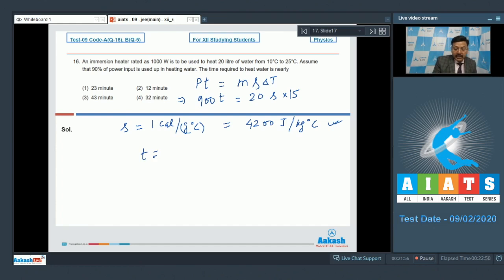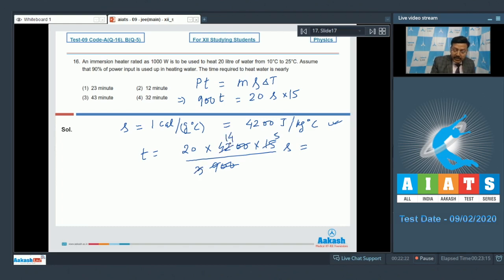So t is coming out to be then 20 into 4200 into 15 divided by 900, and this is coming out in seconds. Let's now simplify further. These two zeros cancel, and let's divide by 3 here, it's 5 here. And this 3 also goes off.